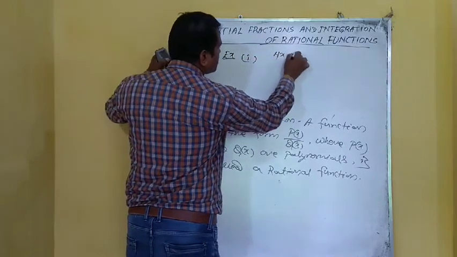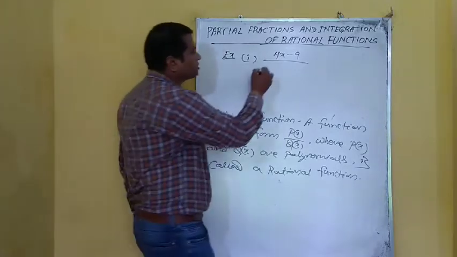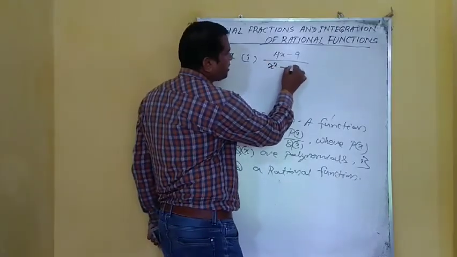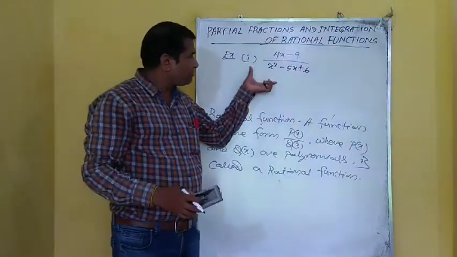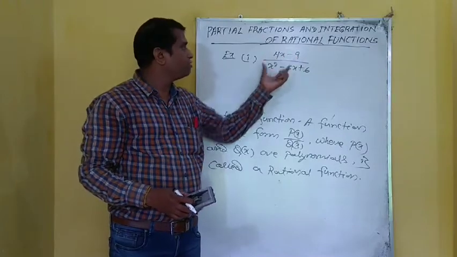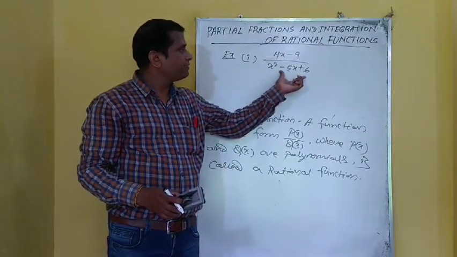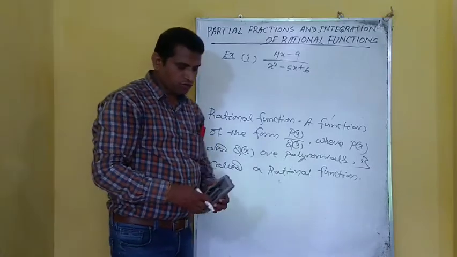4x minus 9 divided by x square minus 5x plus 6 is a rational function, because 4x minus 9 is a polynomial of degree 1, x square minus 5x plus 6 is a polynomial of degree 2. Okay.